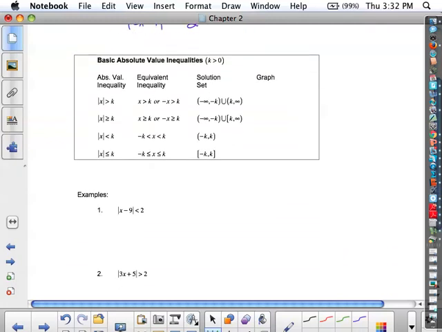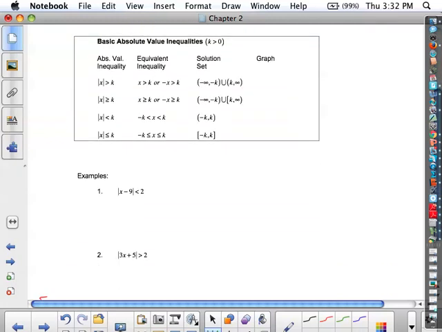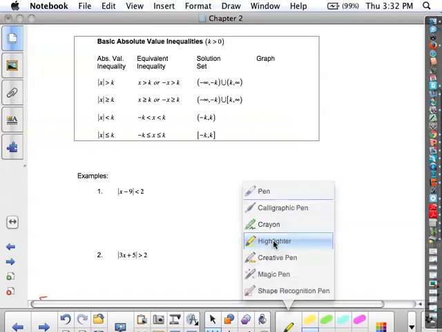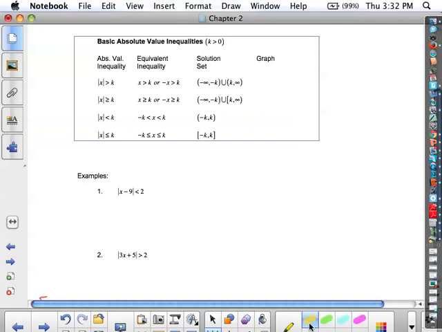Okay, so remember, for an absolute value equation, you should get the empty set or a solution set containing 1 or 2 values. Now we're going to take a look at the inequalities. So the inequality, the absolute value of x is greater than k, means that x is greater than k or negative x is greater than k.